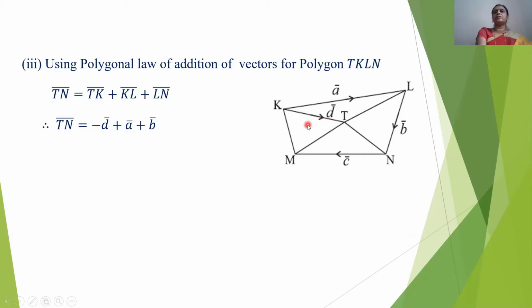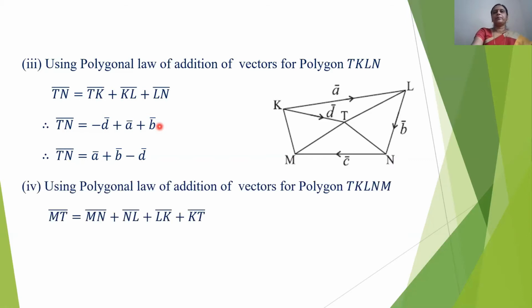Therefore, if KT is D bar, then TK will be minus D bar. Okay. Then keep the value of KL, A bar, LN, B bar, and we will get TN bar is equal to minus D bar plus A bar plus B bar. Okay. If you don't like this negative term at the first place, you can rearrange the equation A bar plus B bar minus D bar, or if you keep this as it is, then that is also correct.